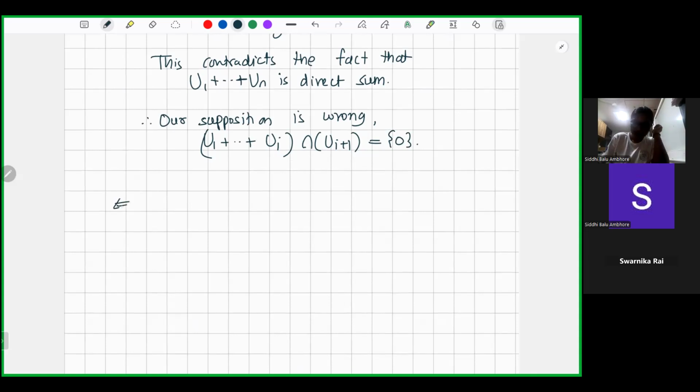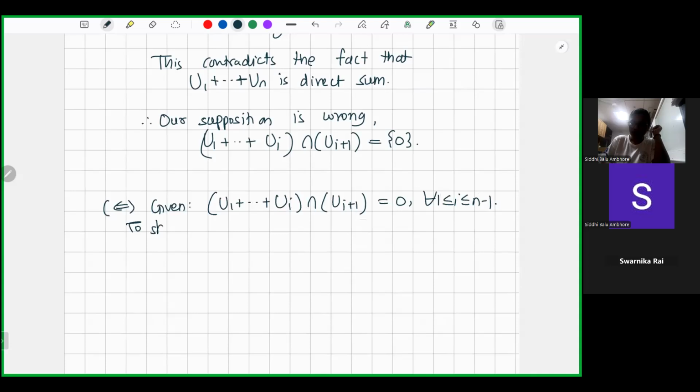Now the converse part we will prove. The converse part is we are given that u1 plus ui intersection ui plus 1 is 0 for all 1 less than or equal to i less than or equal to n minus 1.